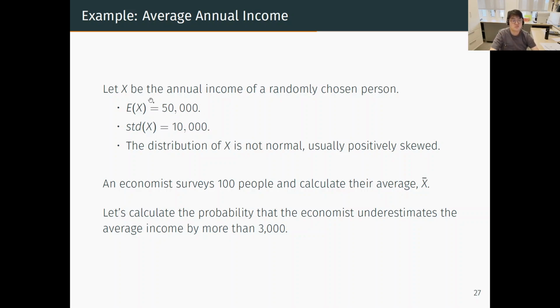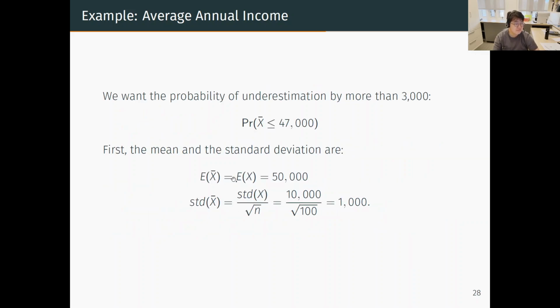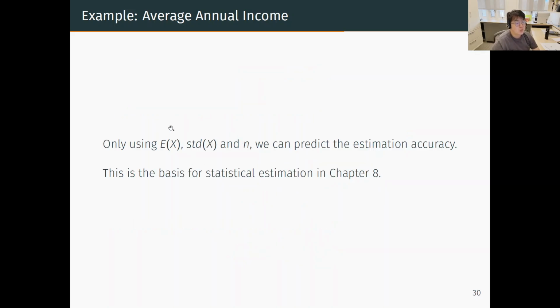We assume that and use them to calculate the sampling distribution's mean and standard deviation. Then from there, not a problem. But usually the single distribution's mean and standard deviation are not known. So we are going to use estimators.